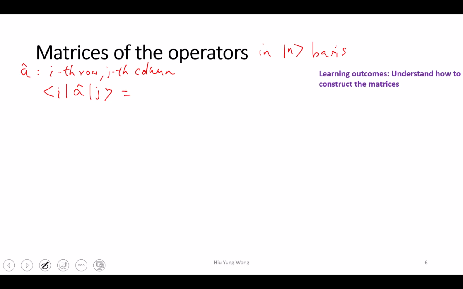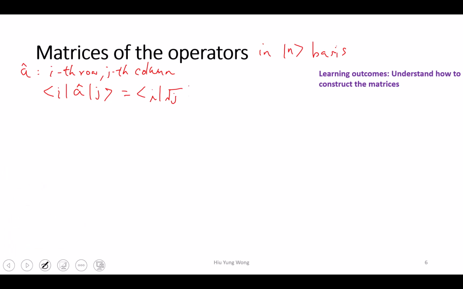Now, A applied to j, what do you get? Square root n, j minus 1? Thank you. Square root j, I just call it j, I don't have n here. Sorry, I said it wrong.